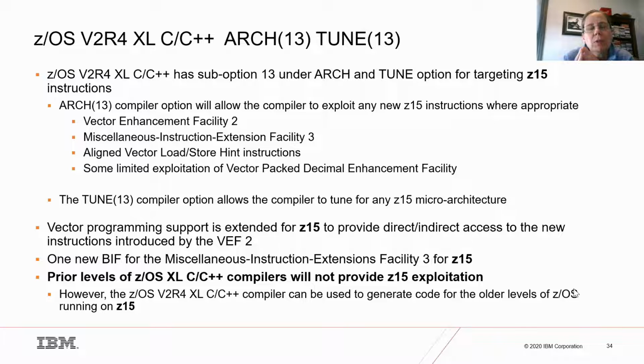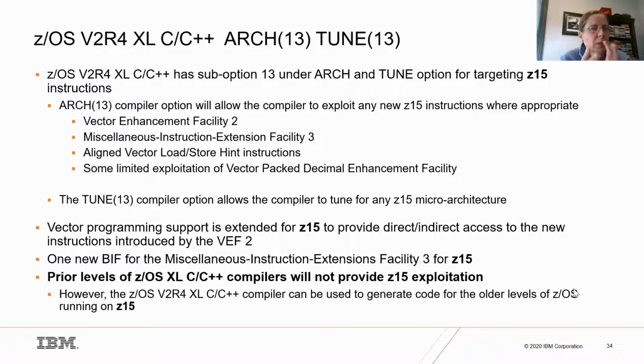The new level of the compiler has been packaged into a new FMID. The new FMID has been put into z/OS 2.4, and then the z/OS 2.4 FMID has been made available on the web for you to install on your z/OS 2.2 or 2.3 system as well.